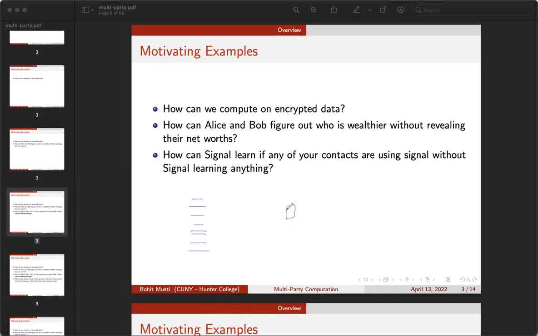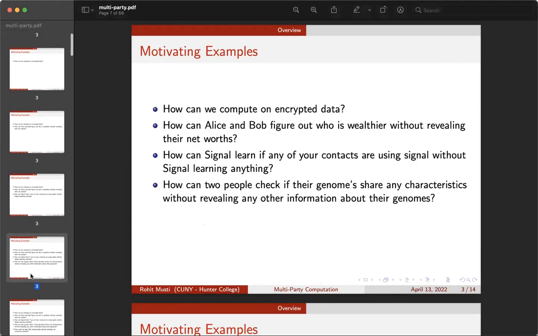So how can Signal verify if anyone on your phone is using Signal without compromising security and gaining knowledge of who your phone contacts are? How can you compute on this data together, but you don't want to give up the data of who's on your phone, and Signal doesn't want to give up their data of who's using Signal?